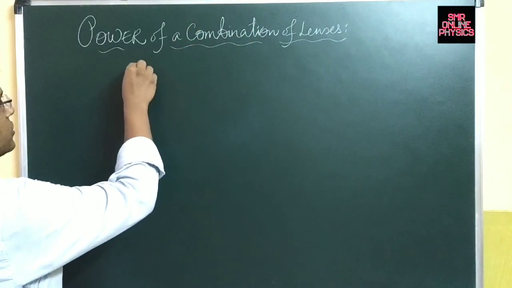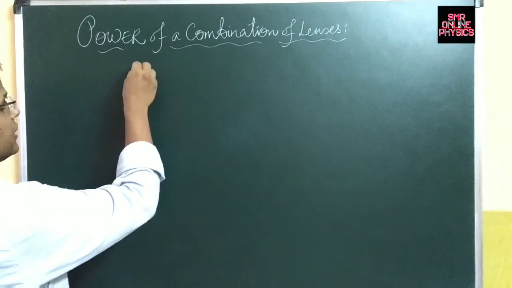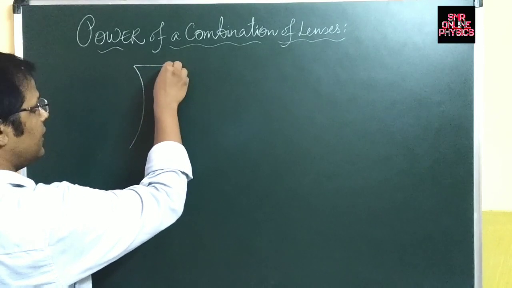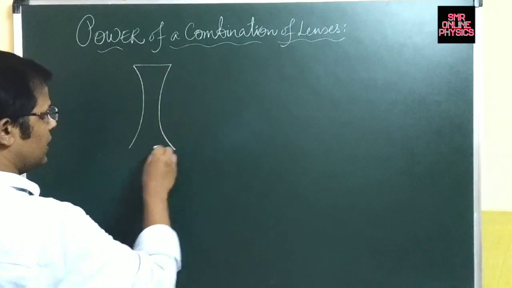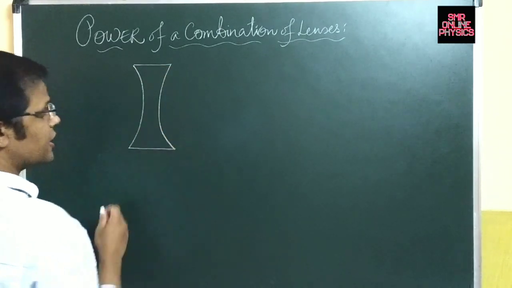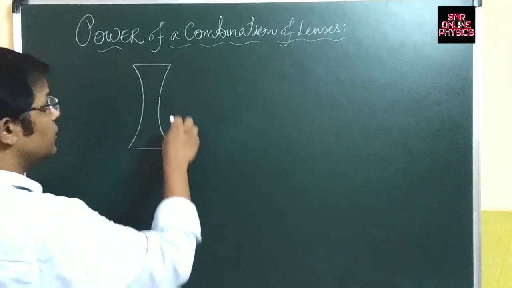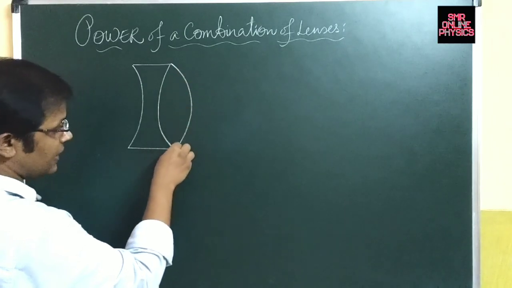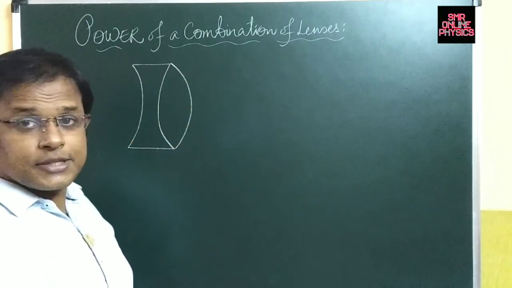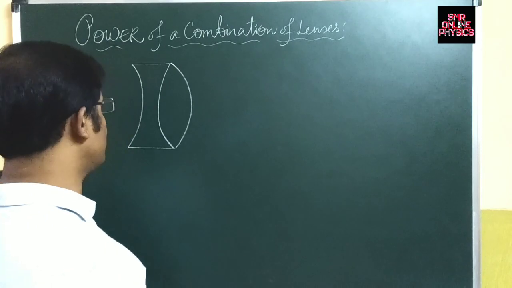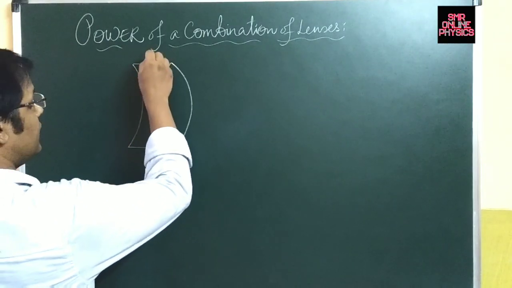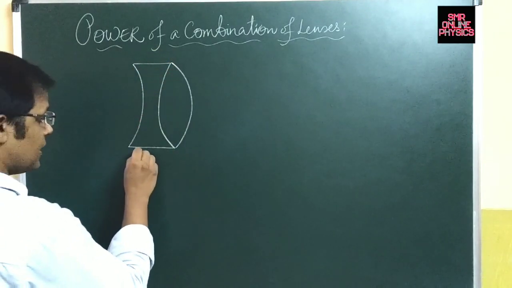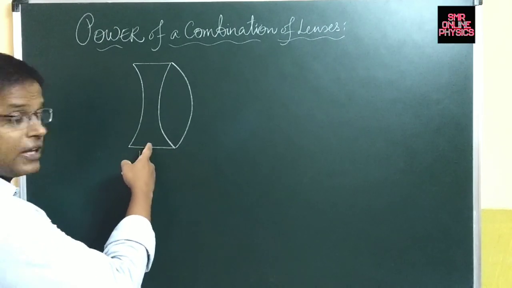Let us use a concave lens, which is by nature a diverging lens, combined with a convex lens. That's it. Both the lenses may have different powers also. So let us see how to find it out. Let us call this lens L1, my concave lens.